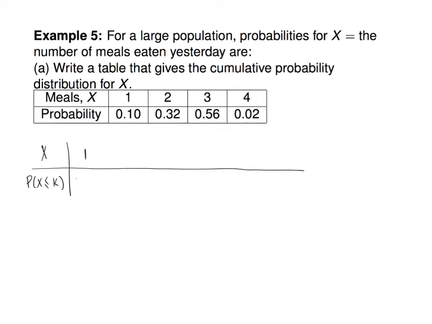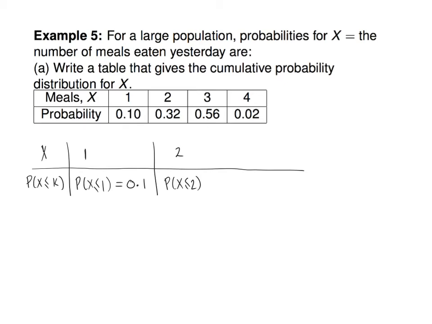So first one, the probability that x is less than or equal to 1. What's the chances somebody eats 1 or fewer meals per day? Well, if they eat 1 or fewer meals, at least according to this table, they just eat 1. So that happens at probability 0.1. For 2, we're finding the probability that x is less than or equal to 2.